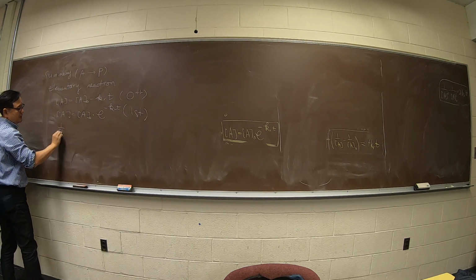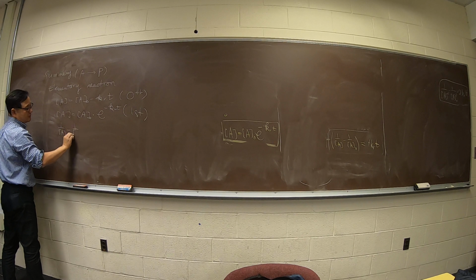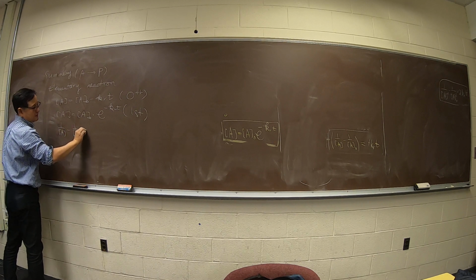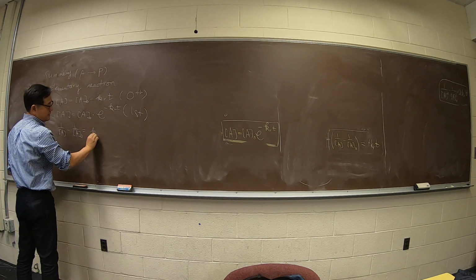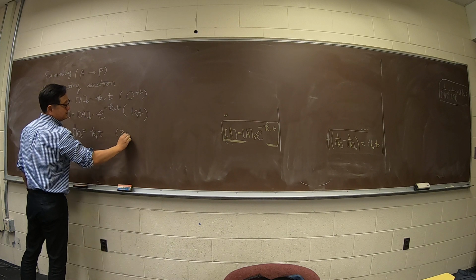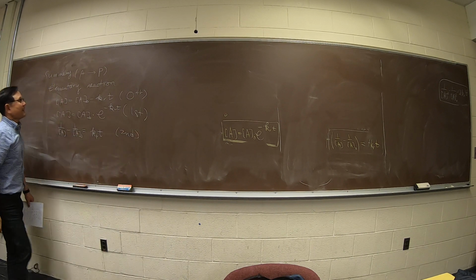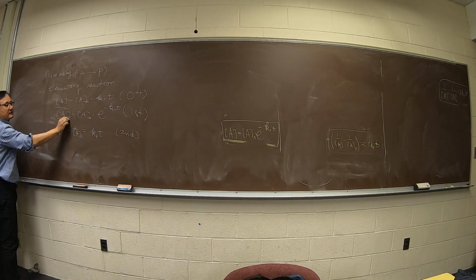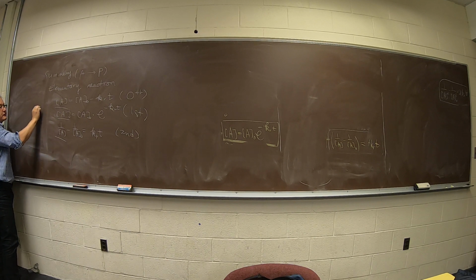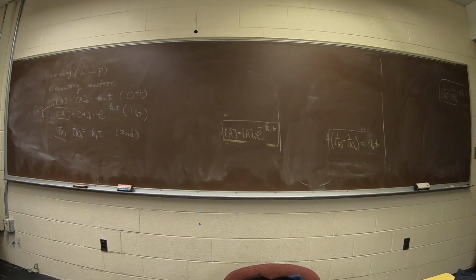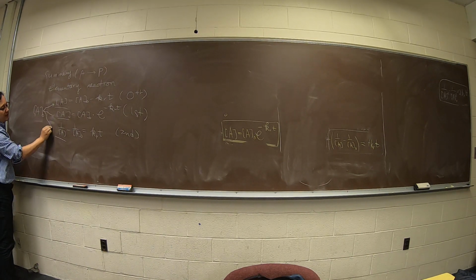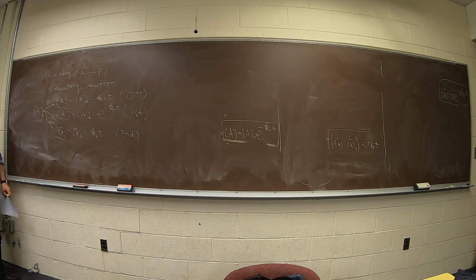And 1 over A minus 1 over A naught is kRT. That's the second order. So we all know this, right? It starts from A naught going to this, and depending on the order of kinetics, we are able to predict this.